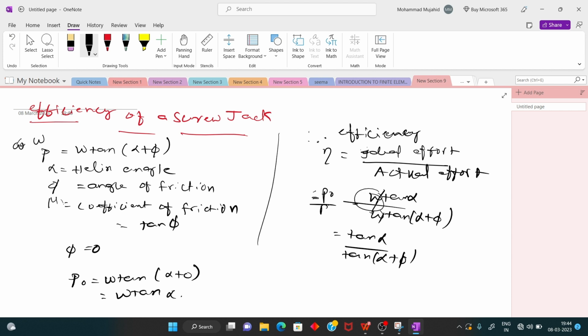In the above expression for efficiency, only the screw friction is considered. However, the screw friction and the collar friction also will be there, so you are going to take the collar friction also into account.